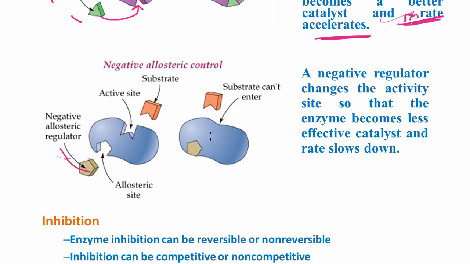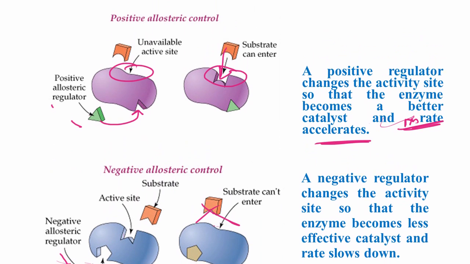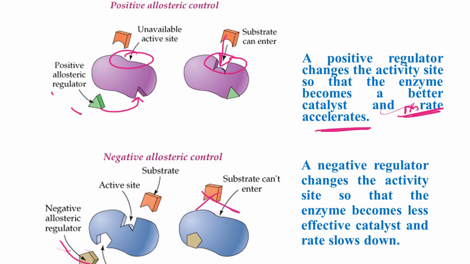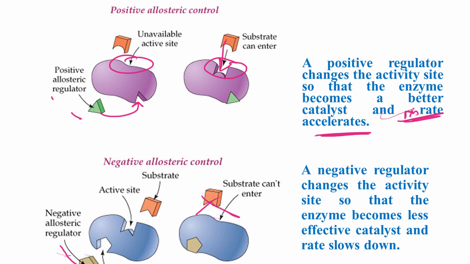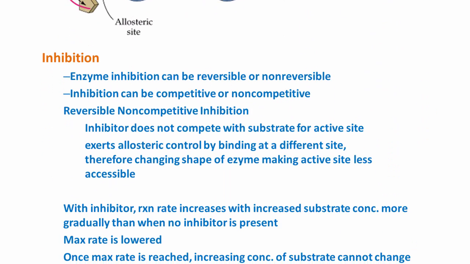The enzyme changes shape in such a way as to hide that active site, and the substrate cannot enter. So we know about inhibition and we know about activation. And again, drugs are examples of substances that can either activate or inhibit an enzyme. It depends on the drug and on the health issue or disease that's being treated.